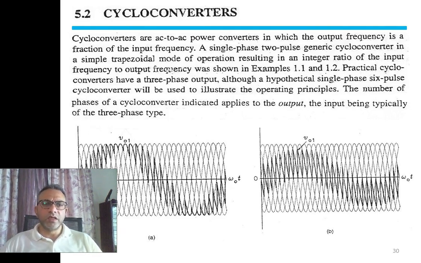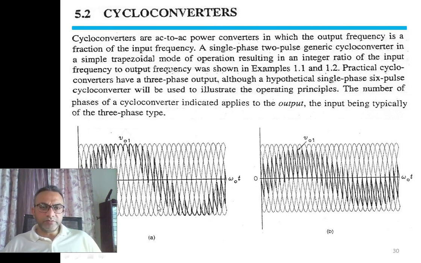We will see in a later slide. Practical cycloconverters have three-phase outputs, although a hypothetical single-phase six-pulse cycloconverter will be used to illustrate the operating principle. So we will use a hypothetical single-phase six-pulse cycloconverter to demonstrate its working.